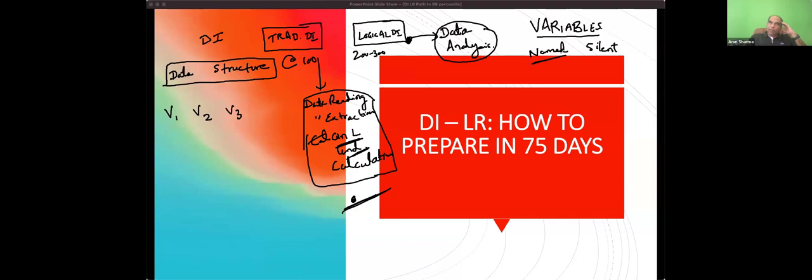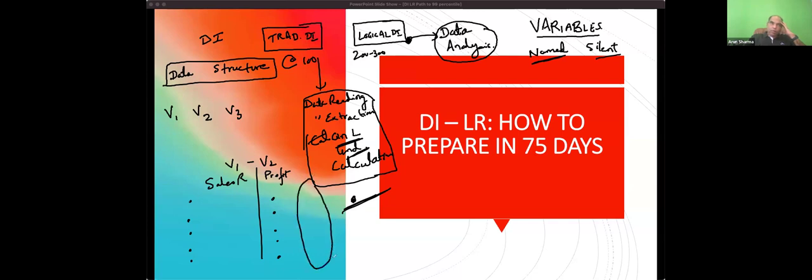They can come with a name in the problem, or they can be silent. Suppose I give you the sales revenue of a company across 5 years, and I give you the profit of the company across those 5 years. Then variable 1 minus variable 2 gives you a variable I'm not talking about: the cost of the company for the 5 years.